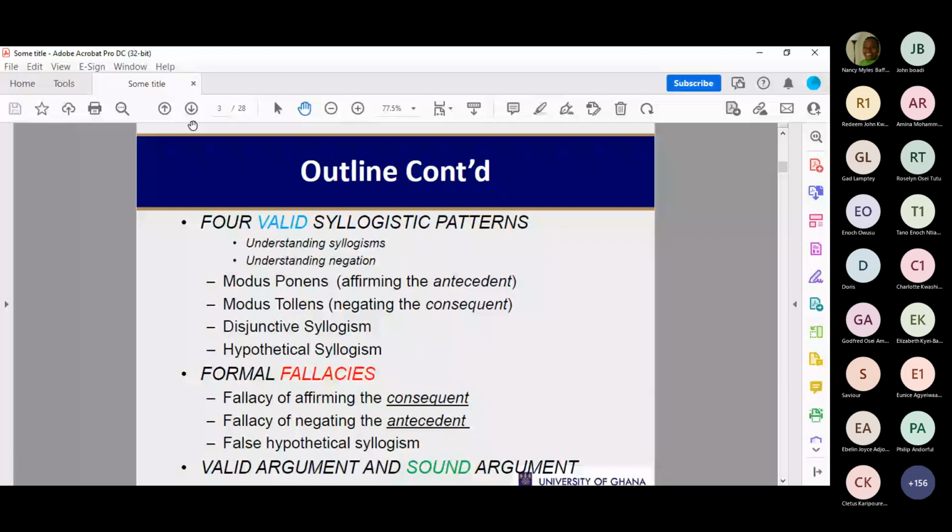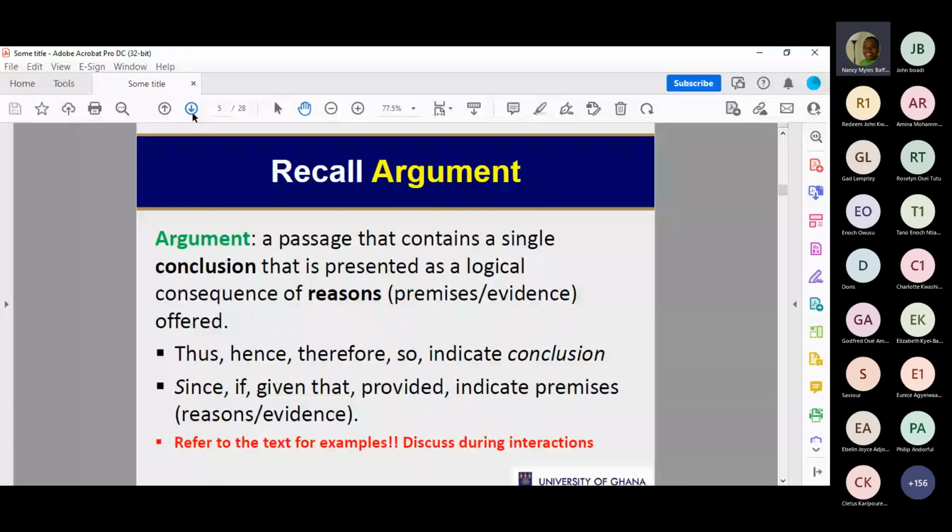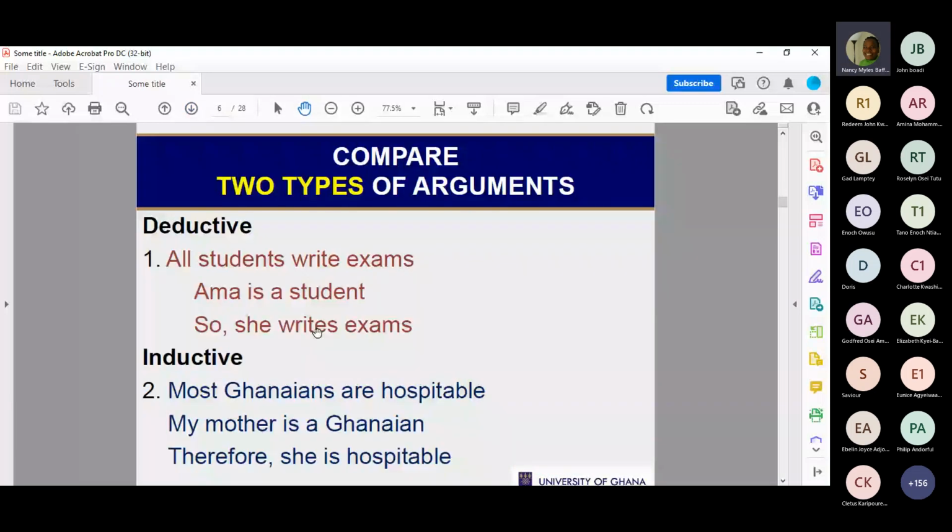Let's see whether you can develop for me now a modus ponens valid pattern from the general statement. Women like rich men. Write that down. I want something that you don't have to struggle to remember. Women like rich men.